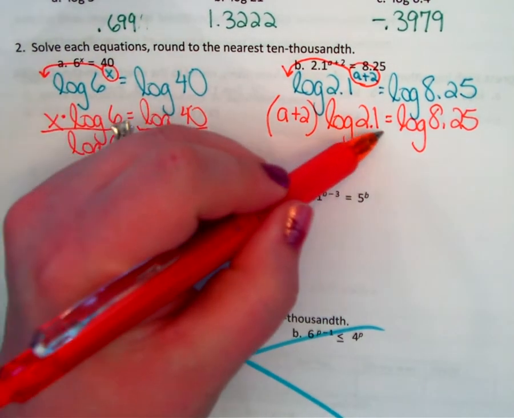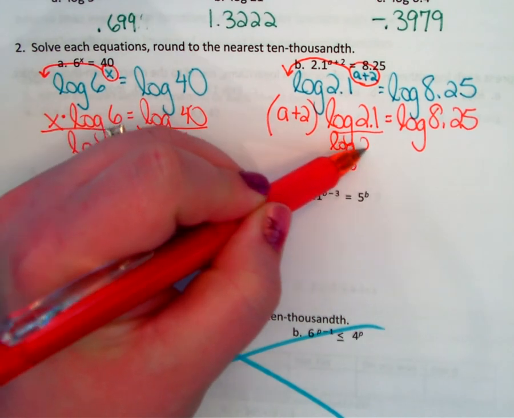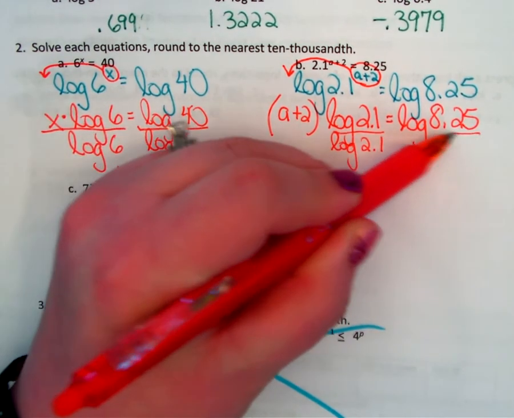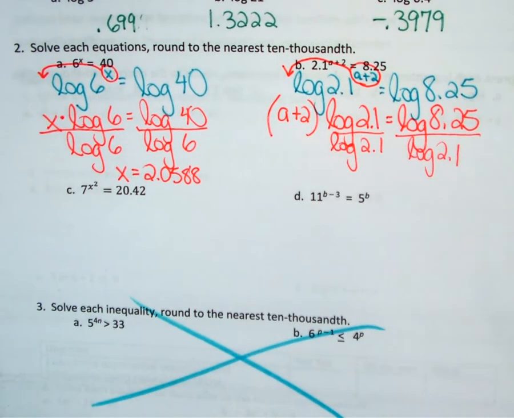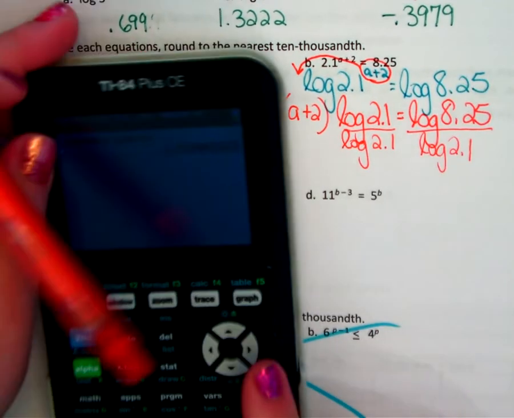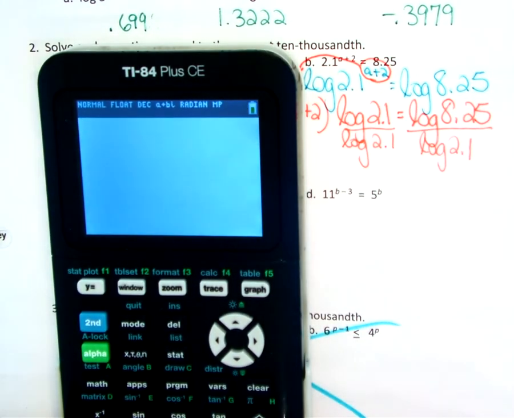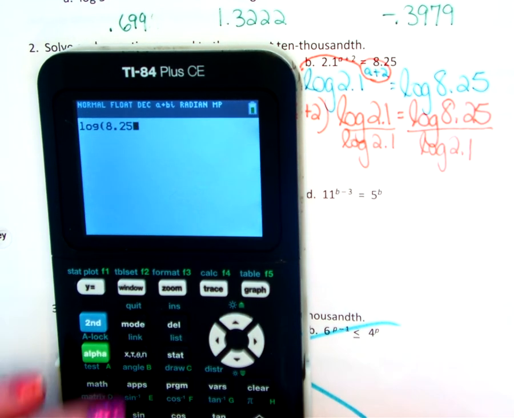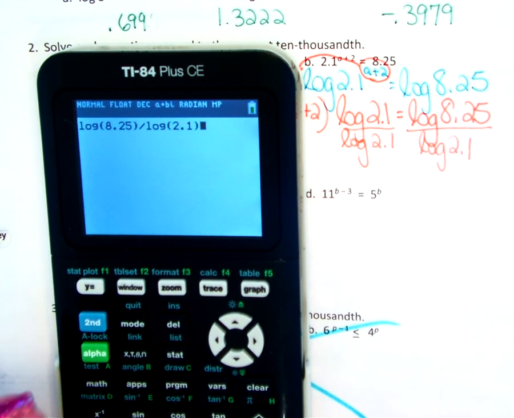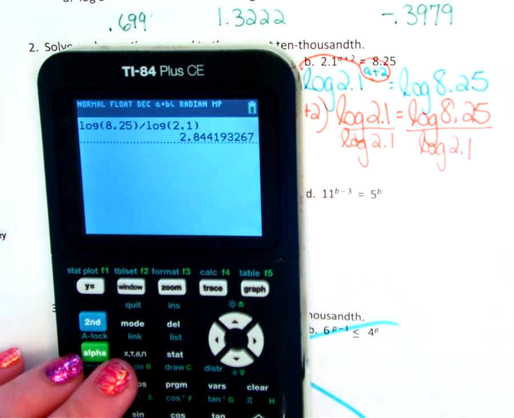So if I want to get this a by itself, I need to divide both sides by the log of 2.1. So I have log of 8.25, close your parentheses, divided by log of 2.1, close your parentheses.